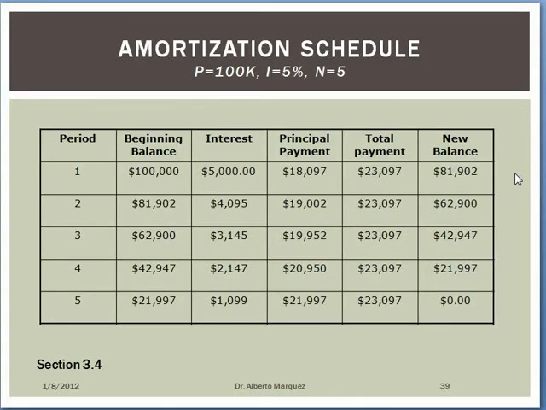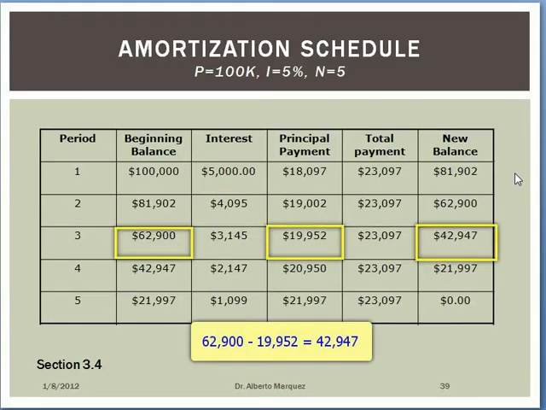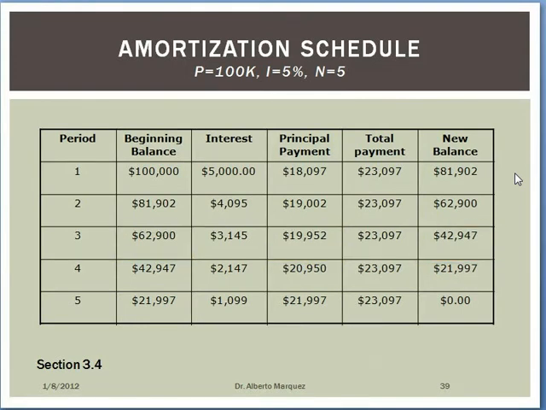So if we subtract that amount, $19,952, from the beginning balance, $62,900, then we have the ending balance of $42,947. If we keep doing that process for the following 2 years, we will end up with a balance of 0 at the end of the 5th year, therefore paying the amount that we owe fully plus the interest that we had.